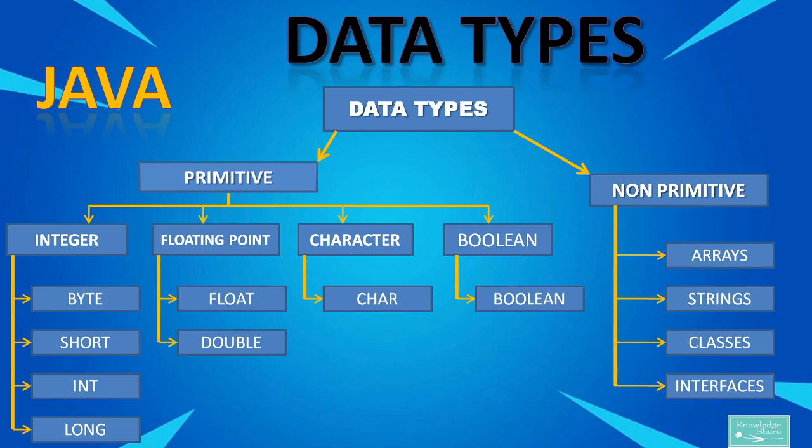They can have a minimum memory of 8 GB or 4 GB, right? So in Java also, based on the need of your application, we should choose that kind of data type. Byte is the smallest, short is greater than byte, int is a bit bigger in size, and long again occupies more memory.